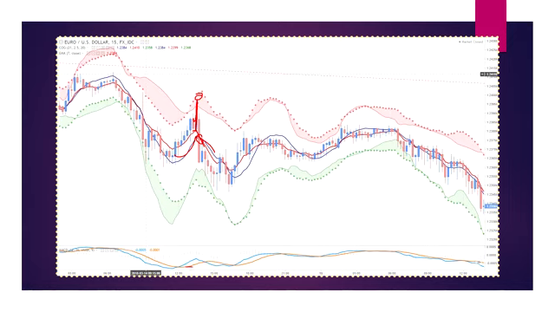We want to wait for this orange line to break above the blue, so that happened here. So we can look for the short there while using the previous high. So this is our stop loss, and 1.5 times this distance would be what? Would be our take profit.